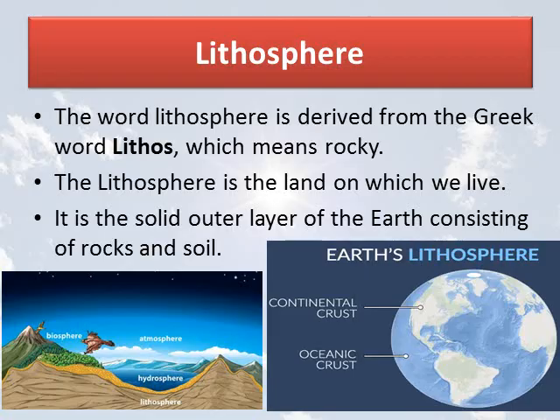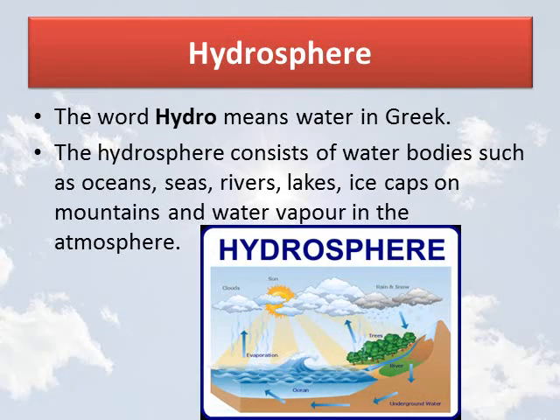You can find rocks as well as soil on the lithosphere. And lithosphere can be on the continents or it could be under the oceans. Under the oceans you can find the crust, and that forms the lithosphere. What is the land we live on? It is the lithosphere.